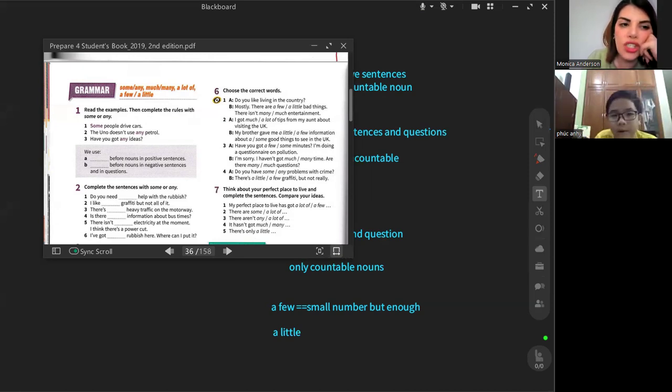Okay, so what do we use before nouns in positive sentences? Some or any, which one? We use some before nouns in positive sentences. Some. Very good. Excellent. And the next one. Any. Yeah, great. Okay, very good.